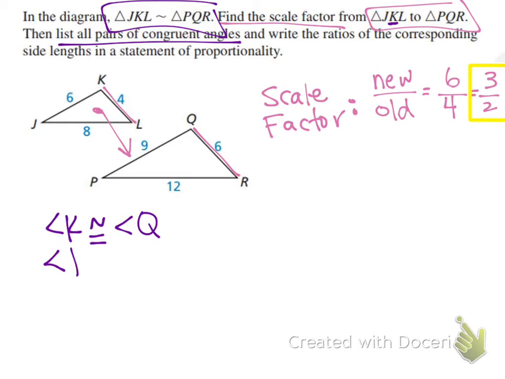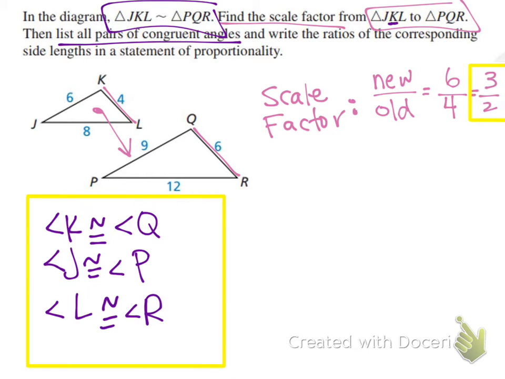Angle J is congruent to angle P, and angle L is congruent to angle R. This is again because the corresponding angles are congruent, but the corresponding sides are not congruent. They are proportional. So what we're going to do with them is write the ratios.